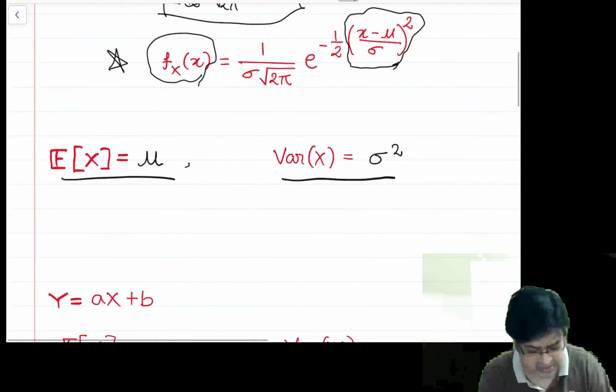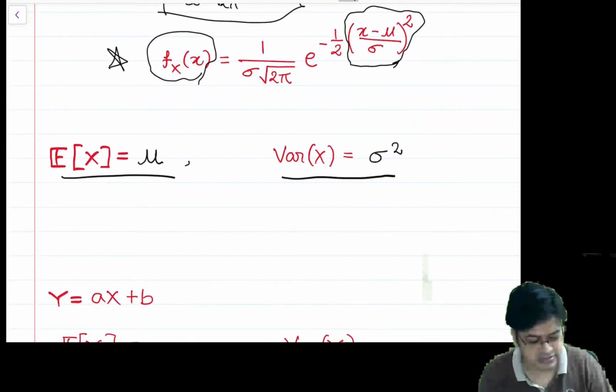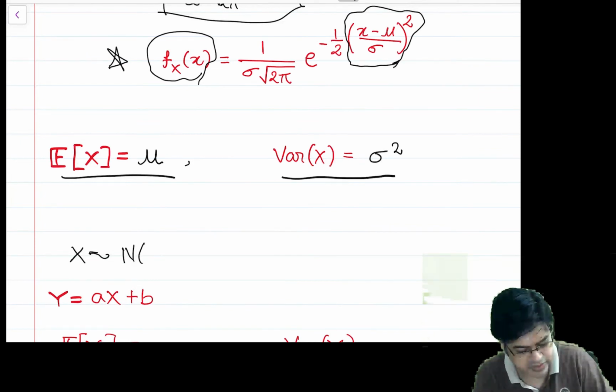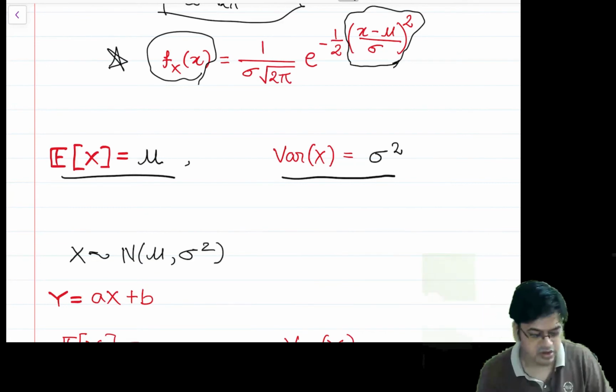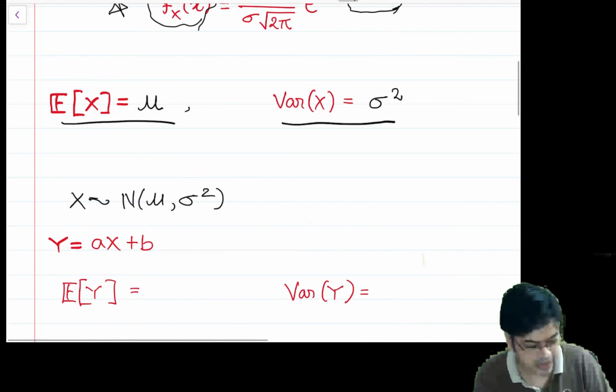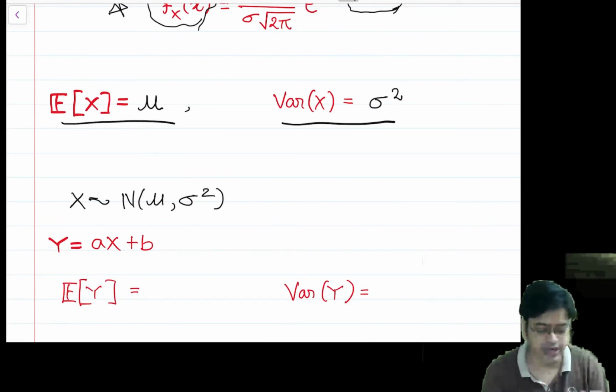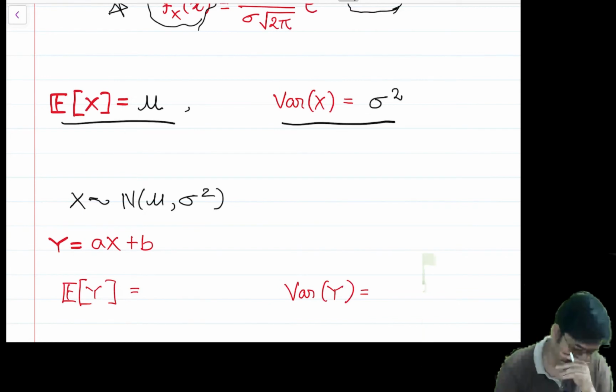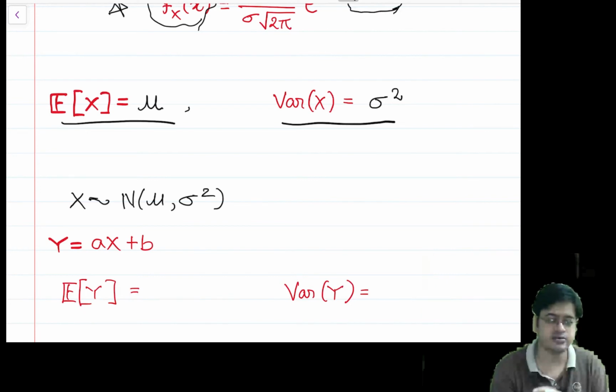So once this is given, the next question comes: if X is a random variable which has normal distribution with mean mu and variance sigma square, and I have been given Y equal to aX plus b, what is the expected value of Y? Do I know anything?